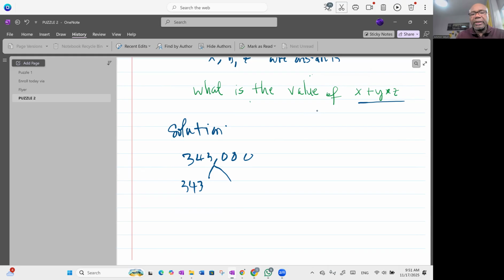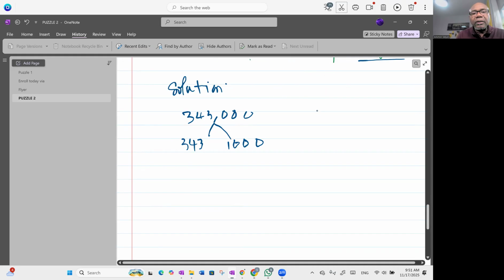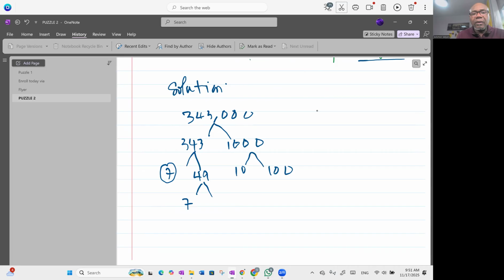Neither is a prime number, so I keep on going. This is 7 times 49. I circle that. 10 times 100. This is 7 times 7. I circle that, and I circle this. This is 2 times 5. I circle this. I circle this. I keep on going until I have only prime numbers.